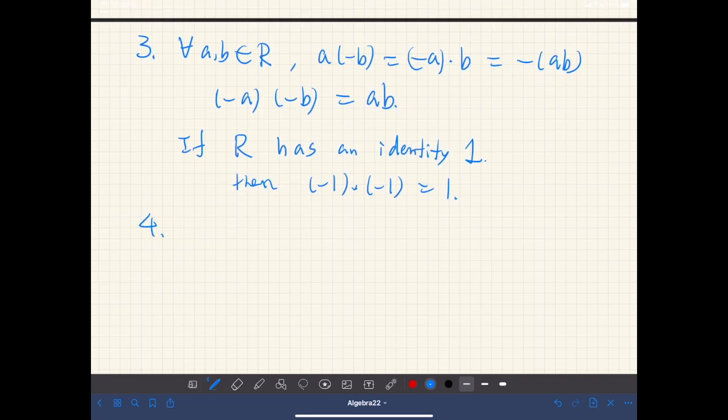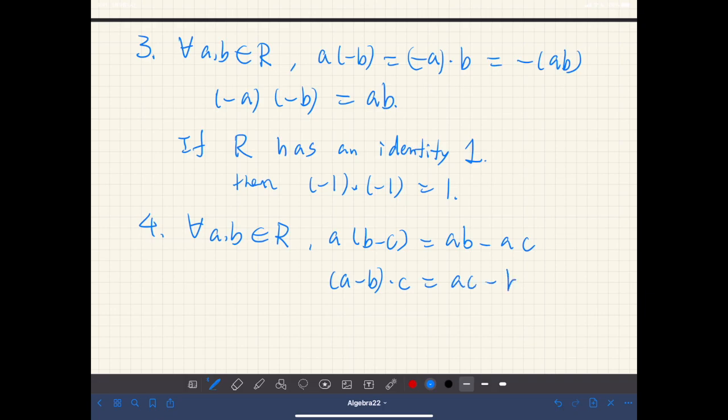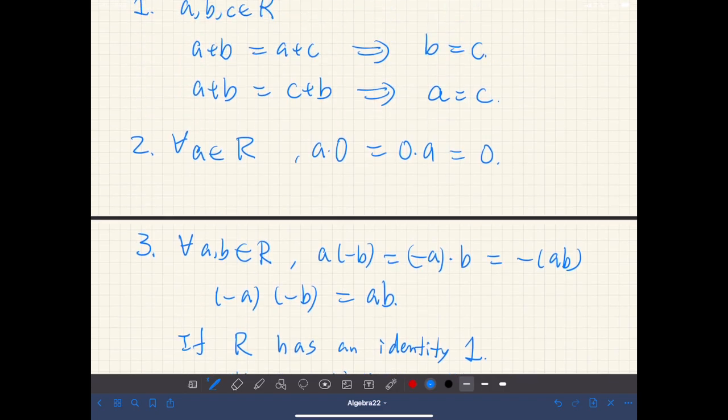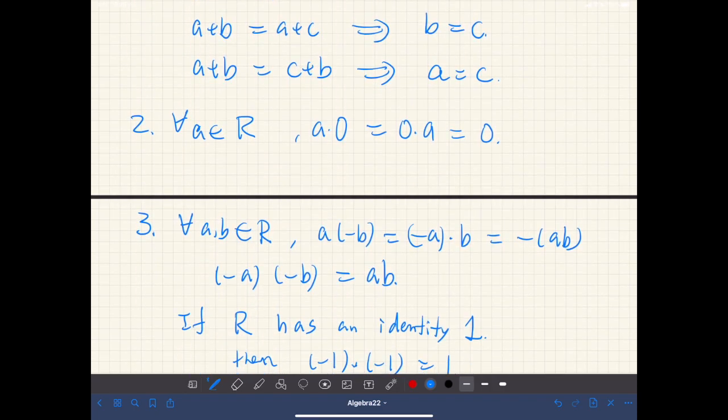And for all A, B, C in R, A times (B minus C) is equal to AB minus AC, and (A minus B) times C is equal to AC minus BC. So we're going to prove this.